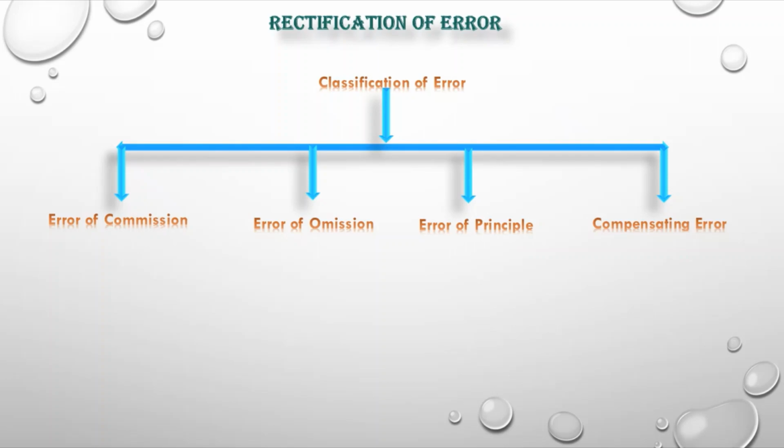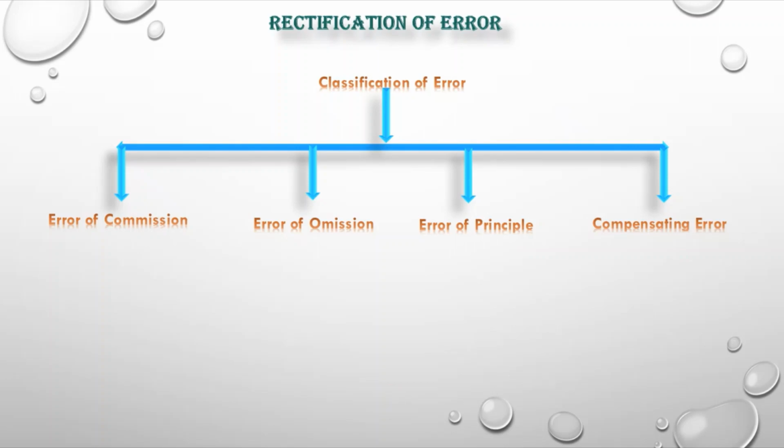And the third one is posting to the correct side of the proper account but twice. That means you have entered the amount twice in the books. If you find this kind of error in the books, it is known as error of commission.